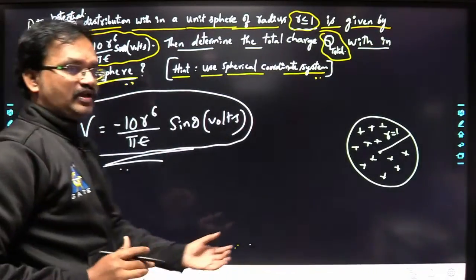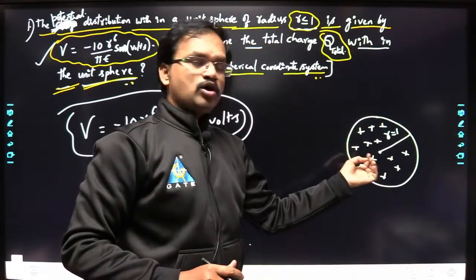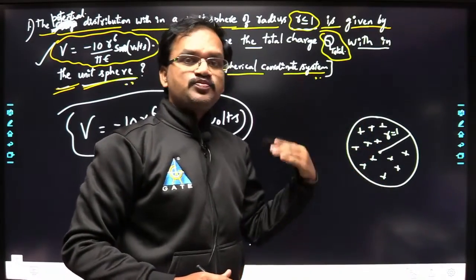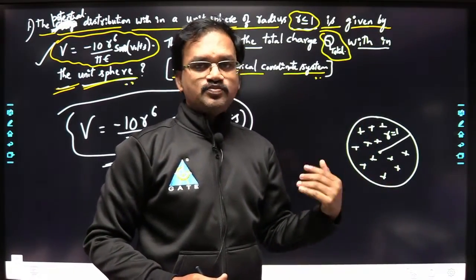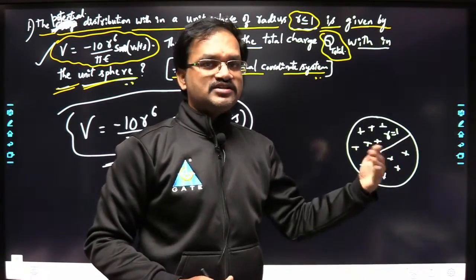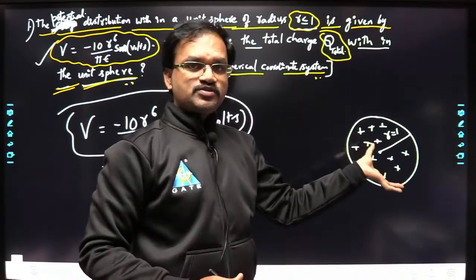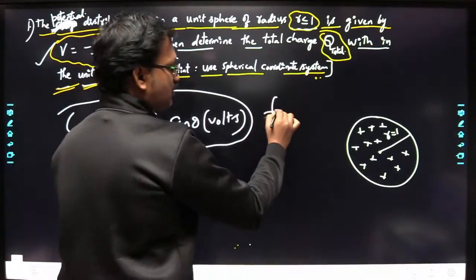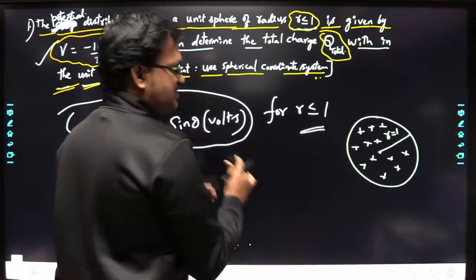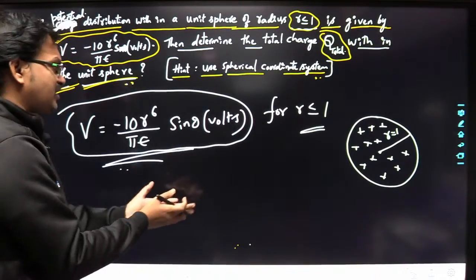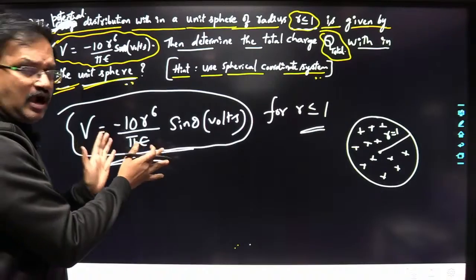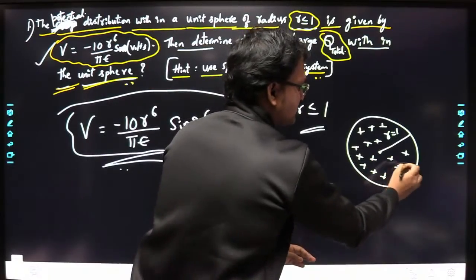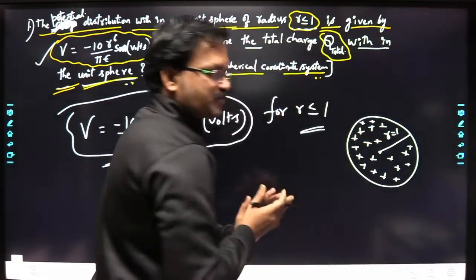Understood? You have a unit sphere. Within that unit sphere you have some charge distribution, and that charge distribution is producing the potential. How that potential is distributed within the unit sphere is given by this expression, for r less than or equal to 1. That means inside the unit sphere this is how the potential is distributed, and we got this potential because of the charge distributed within the unit sphere.